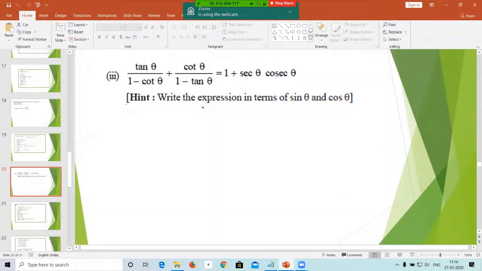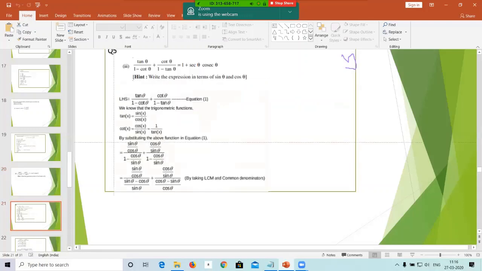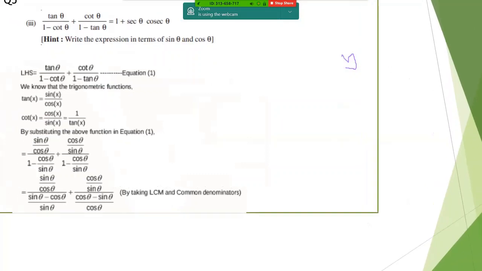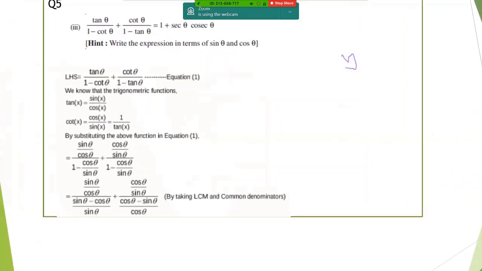Now they've given a hint which I've always been telling you. Always convert tan, cot, and all these things in the form of sine and cos. It becomes easier for us. Check this out.